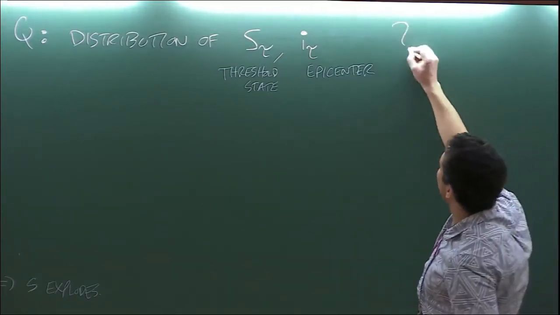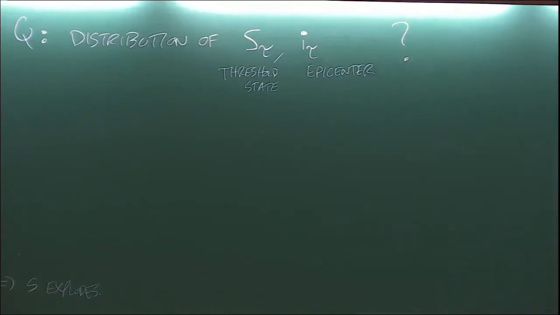Okay, so that's what we're aiming for, some description of the distribution of these two random things, a random sandpile S tau and a random vertex I tau. What is large?